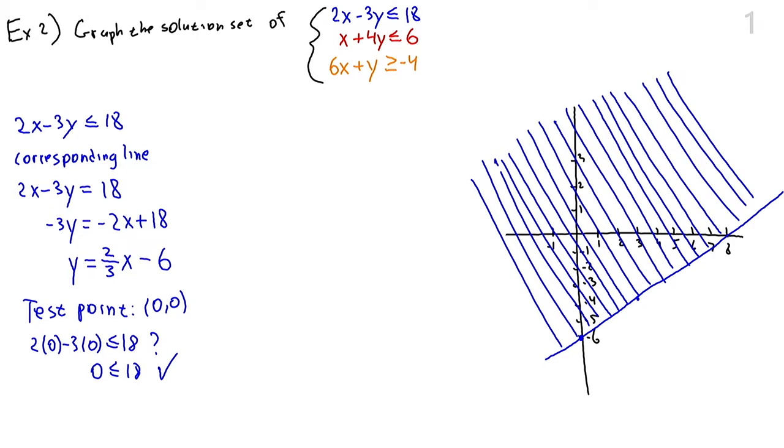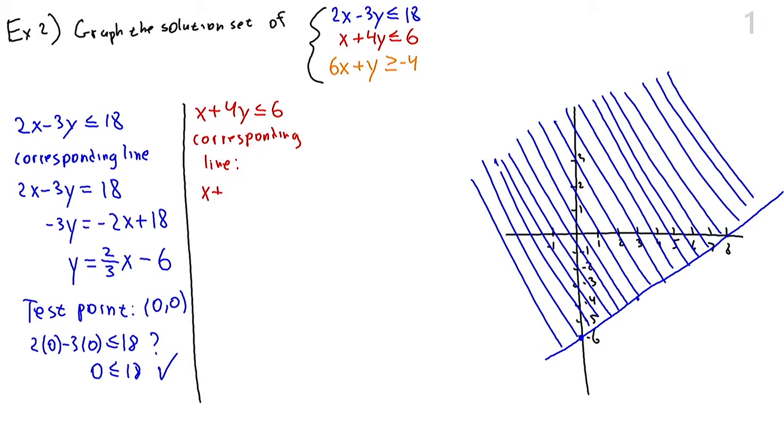Next, we look at the second inequality. This is x plus 4y less than or equal to 6. Again, we look at the corresponding line. Corresponding line is x plus 4y equals 6.